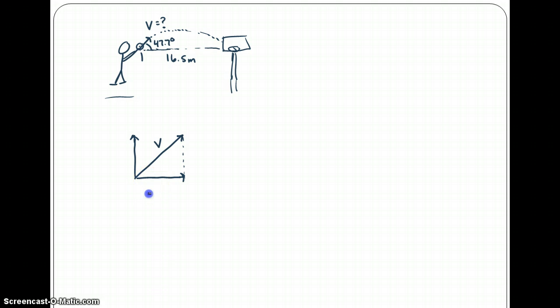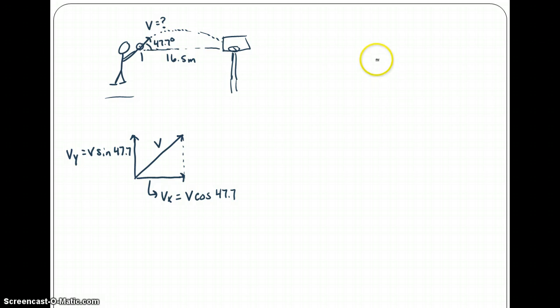Now, this component, v of x, is written as v cosine of my angle, and v of y is v sine of my angle. So I have my two components, and both are written in terms of v, and v is what I'm looking for.